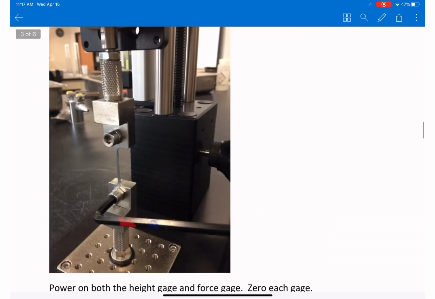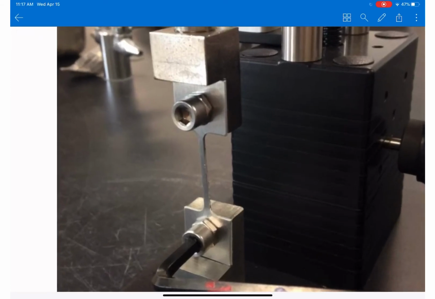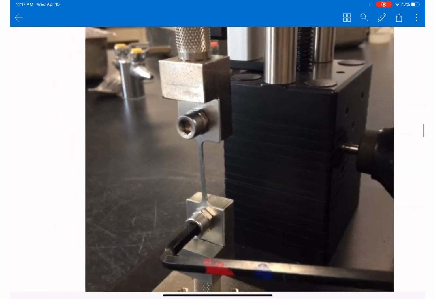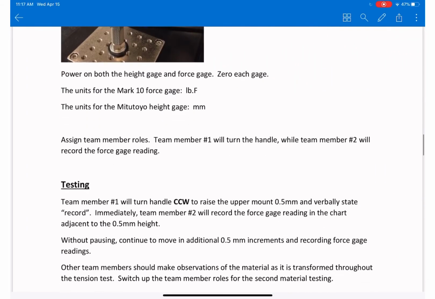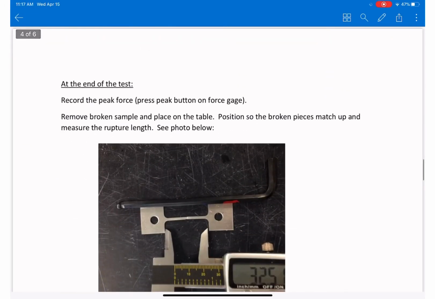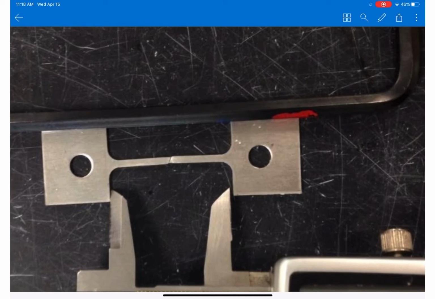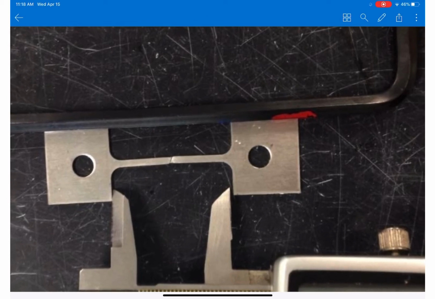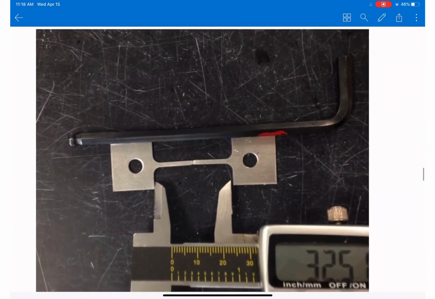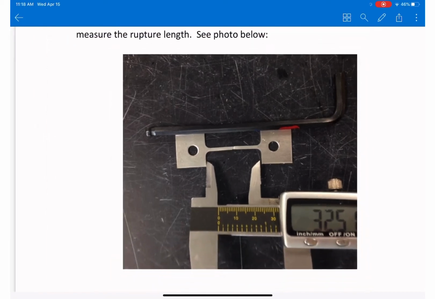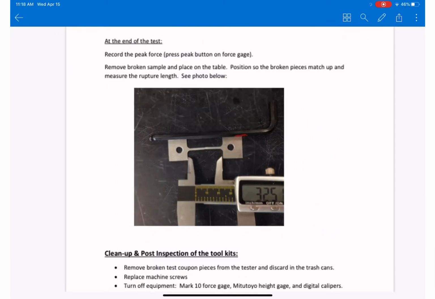This is the specimen that you have, and after it ruptures, you can measure the final length of the material to find L final, and you can find delta, which is the deformation. So go ahead and read that one.